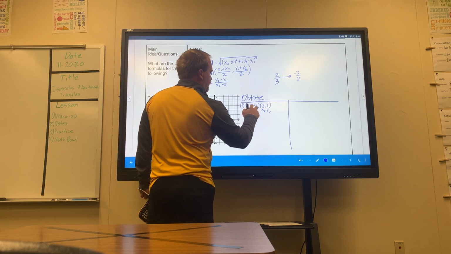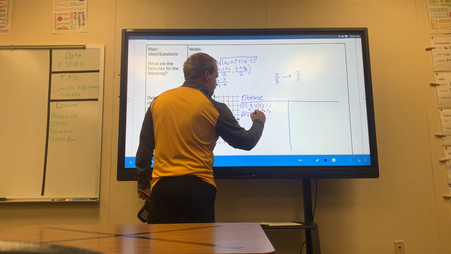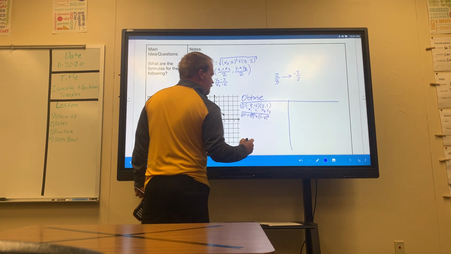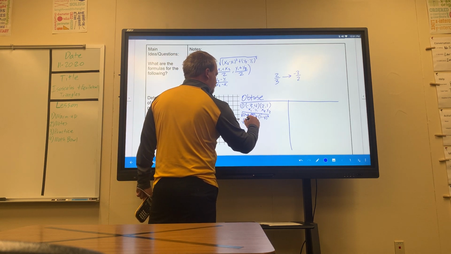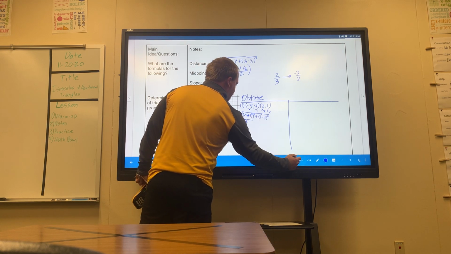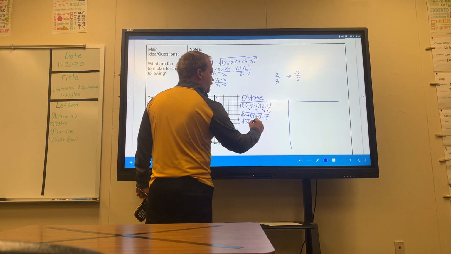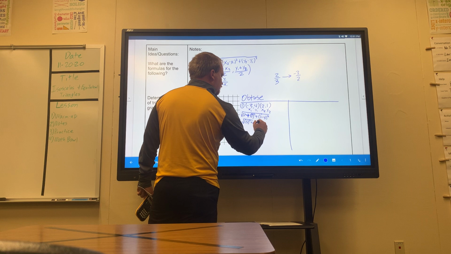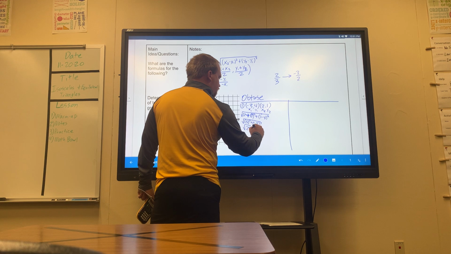So I know that for distance formula, it's going to be 2 minus -3 squared plus 1 minus 4 squared. Well, the two negatives make it a positive, so I'm going to have, I'm sorry, I'm going ahead of myself. 5 squared plus 1 minus 4 is -3. 5 squared is 25, plus negative 3 squared is 9.